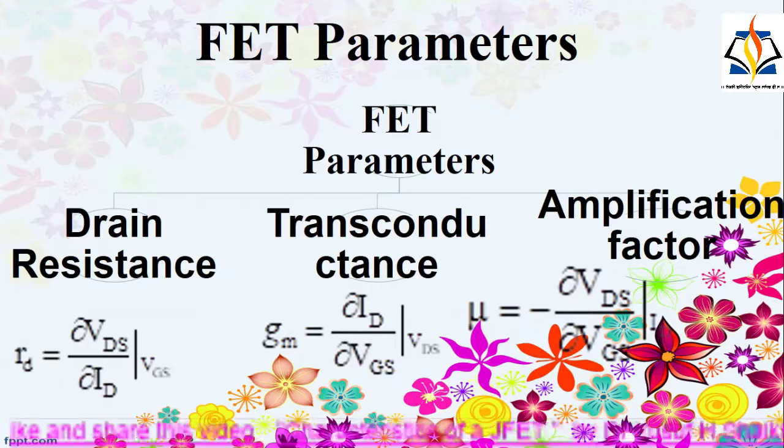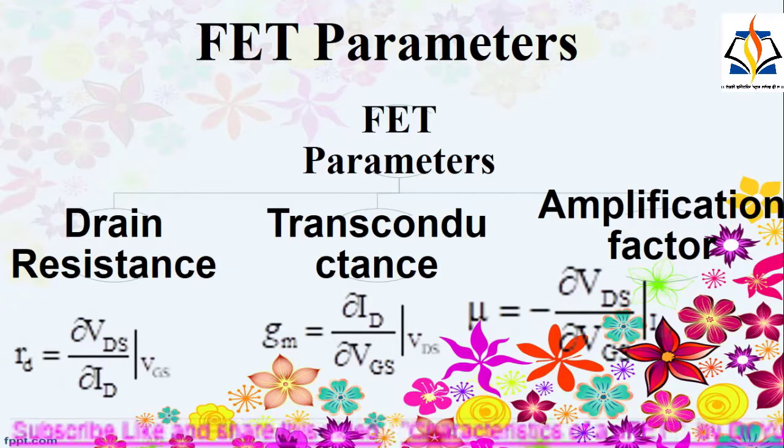It is defined as the ratio of the small change in drain source voltage to the resulting change in the drain current when gate source voltage is constant. Thus, RD is equal to delta VDS upon delta ID at constant VGS.